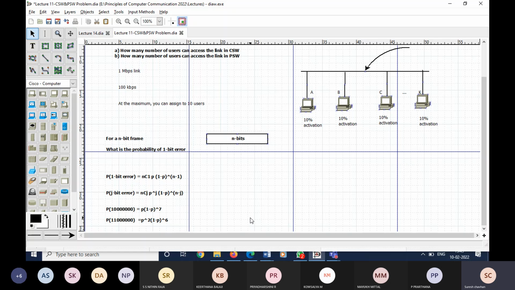And you can think of something else: what is the probability of error patterns with even number of ones? That's very interesting.